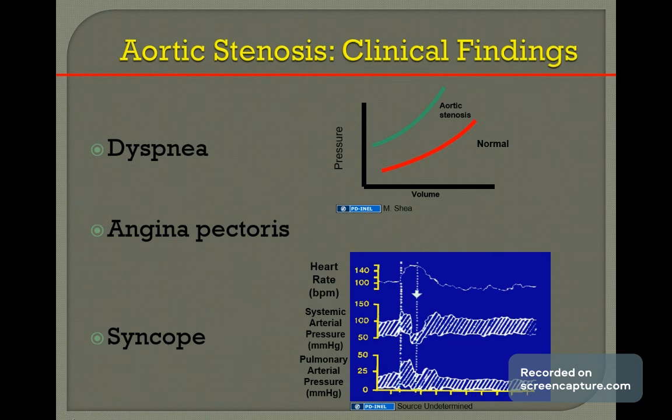It is not sufficient to distribute enough blood to the brain, so the cerebral saturation will not be fulfilled by this stroke volume, and that is how syncope occurs in these patients. One of the main causes of syncope in old age may be aortic stenosis, or calcific sclerosis.